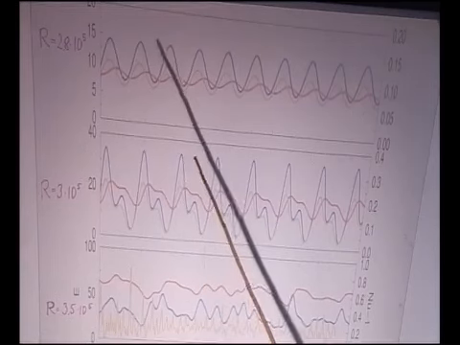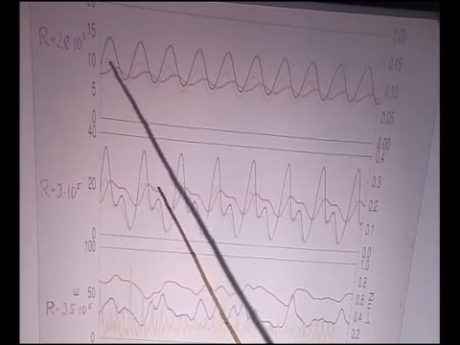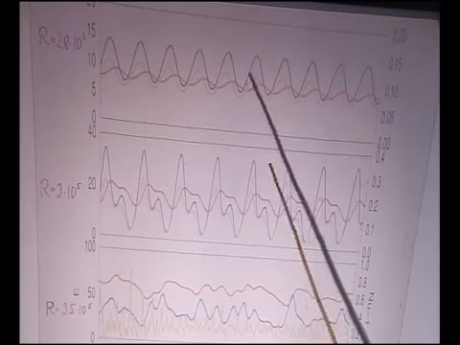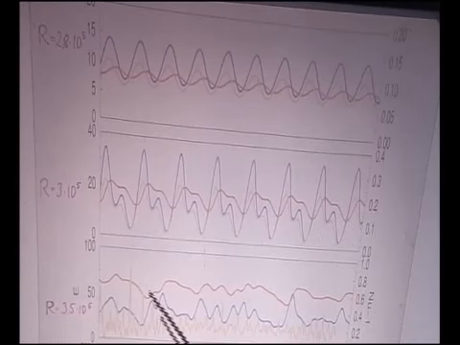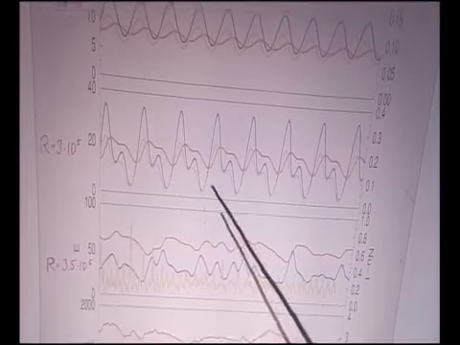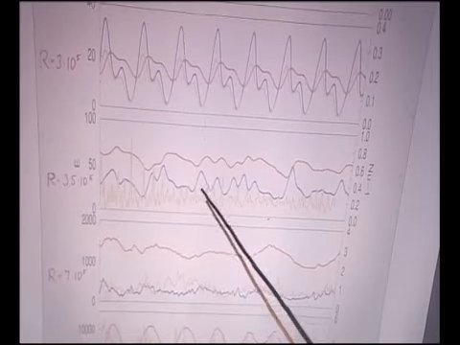Now, as the Rayleigh number is increased, we go from this vacillating state, where you see the amplitude of the fluctuating components of the motion, and you see also the differential rotation indicated by the red line.